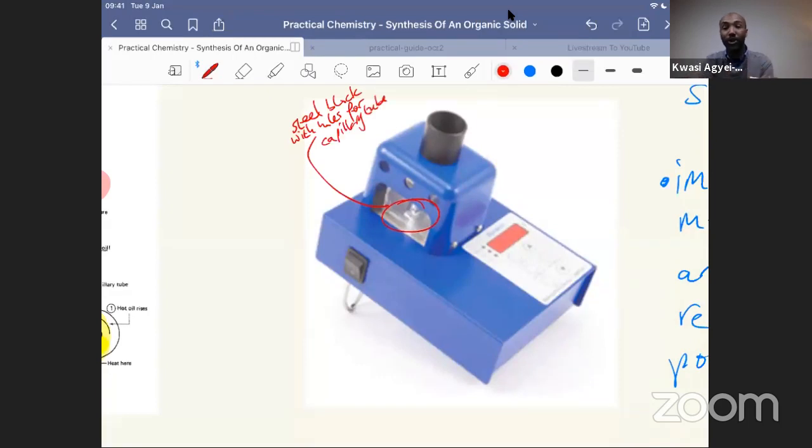or melting point tube. Melting point tubes are essentially a capillary tube with one end sealed off, and then you can put your small amount of solid in and insert it into that steel block, which can then be heated very accurately. And there is a digital readout of your temperature.